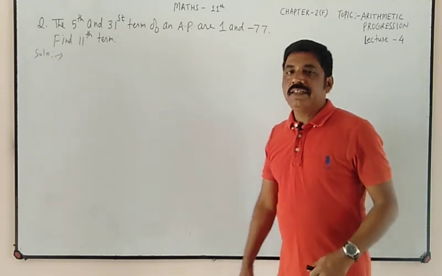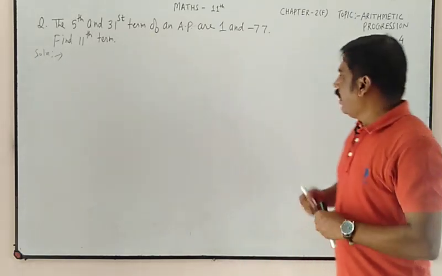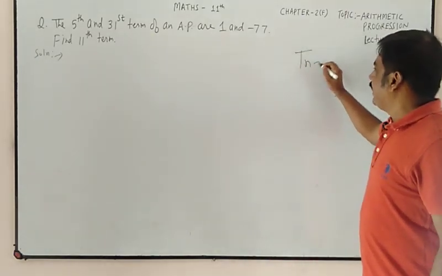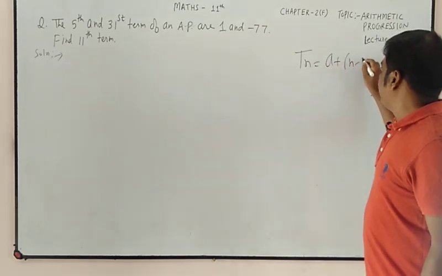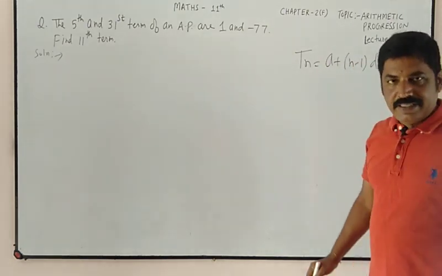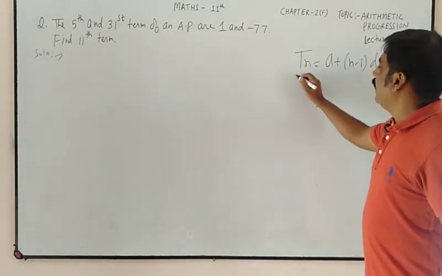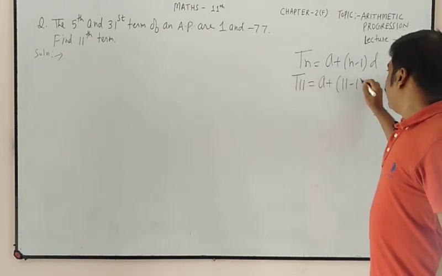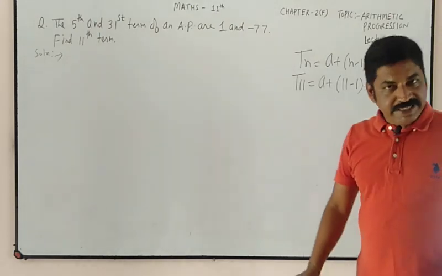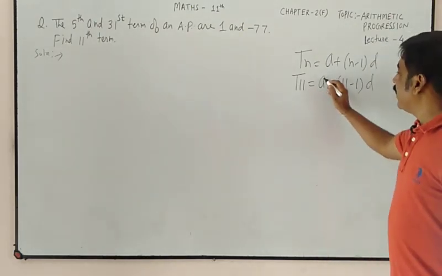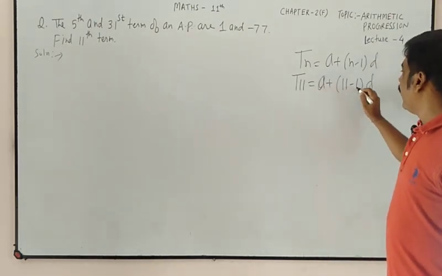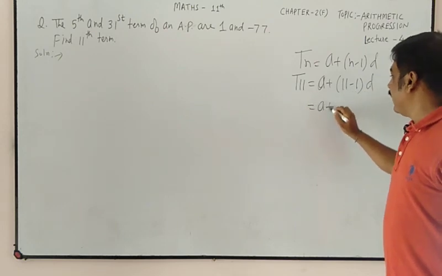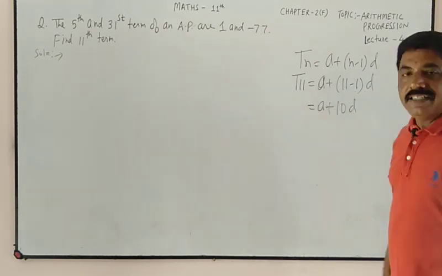Then find the 11th term. Now in rough, first of all write Tn is equal to A plus n minus 1 into D. Clear? Now what we have to find? 11th term. So T11 is equal to A plus 11 minus 1 into D, that means A plus 10D.